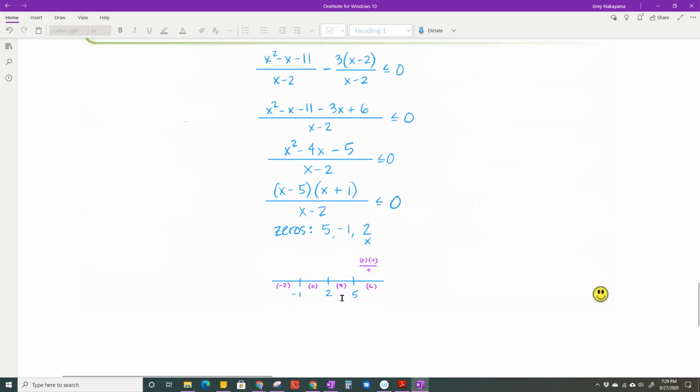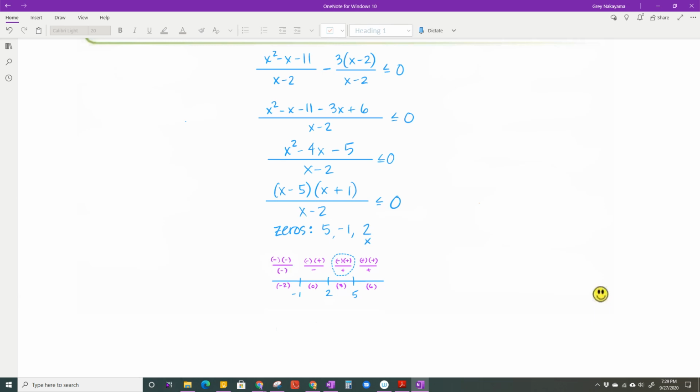When I plug in 3, 3 minus 5 is negative, but these two are both positive. 3 minus 2 is 1, and 3 plus 1 is 4. When I plug in 0, I get to ignore all the x's. So I have a negative 5, positive 1, and a negative 2. So I have a negative and a positive up top and a negative on the bottom. And when I plug in negative 2, they're all going to be negative.